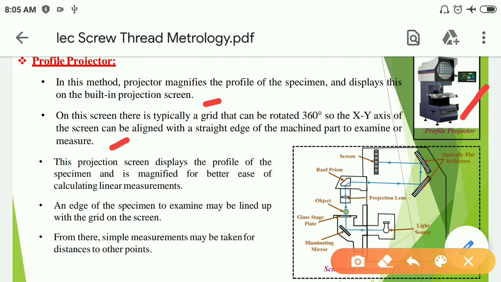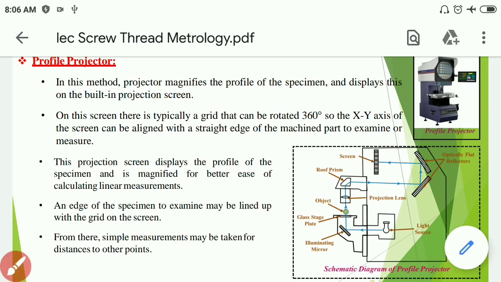This projection screen displays the profile of the specimen, magnified for better ease of calculating linear measurements. An edge of the specimen to examine may be lined up with the grids on the screen. Then simple measurements may be taken for distance to other points.